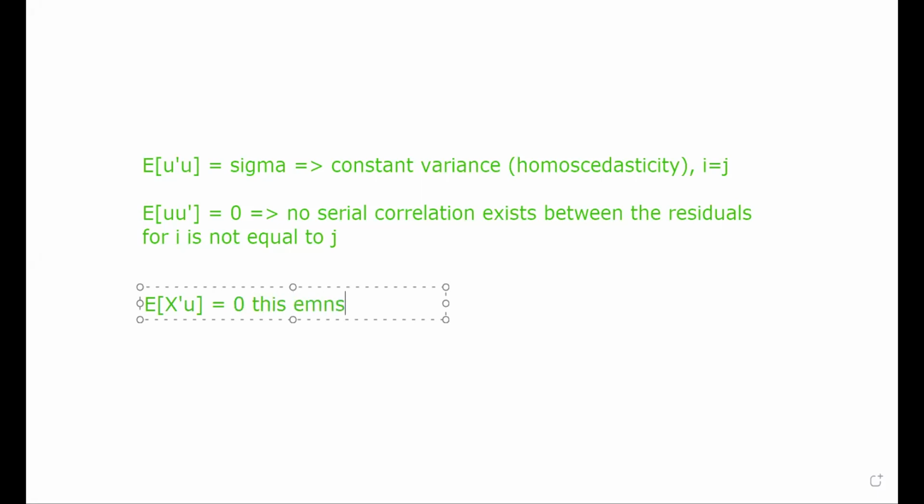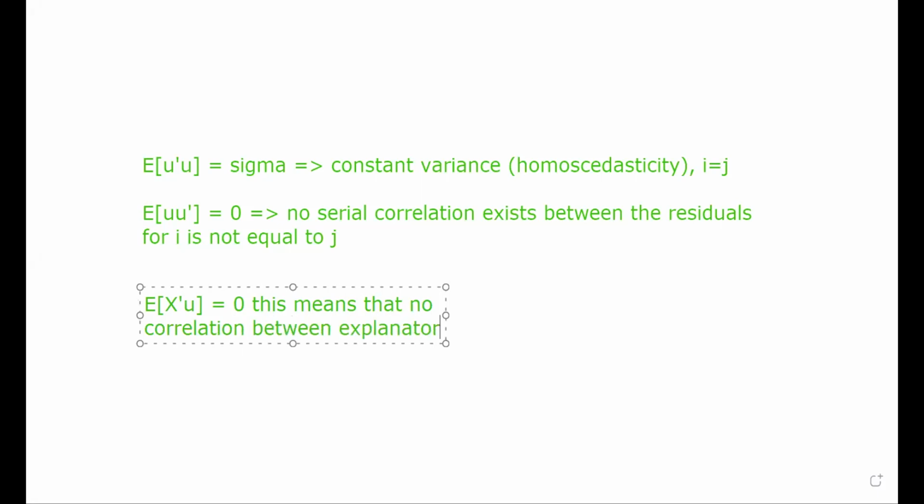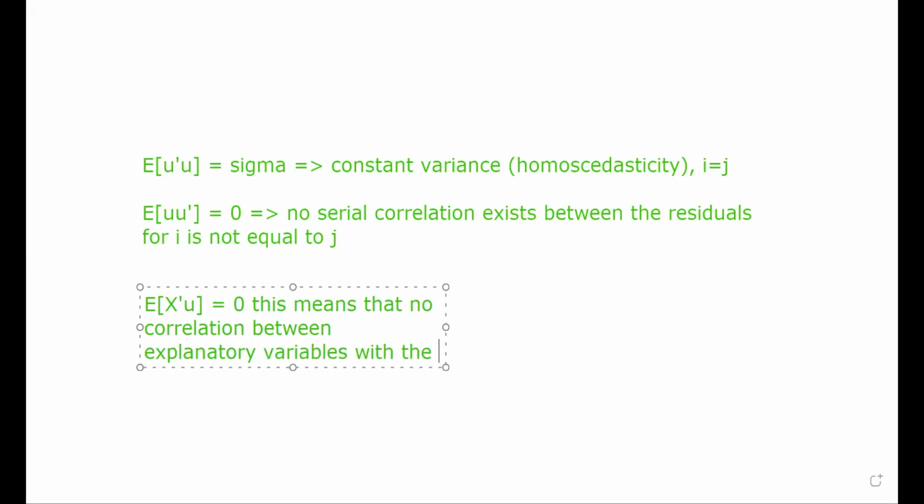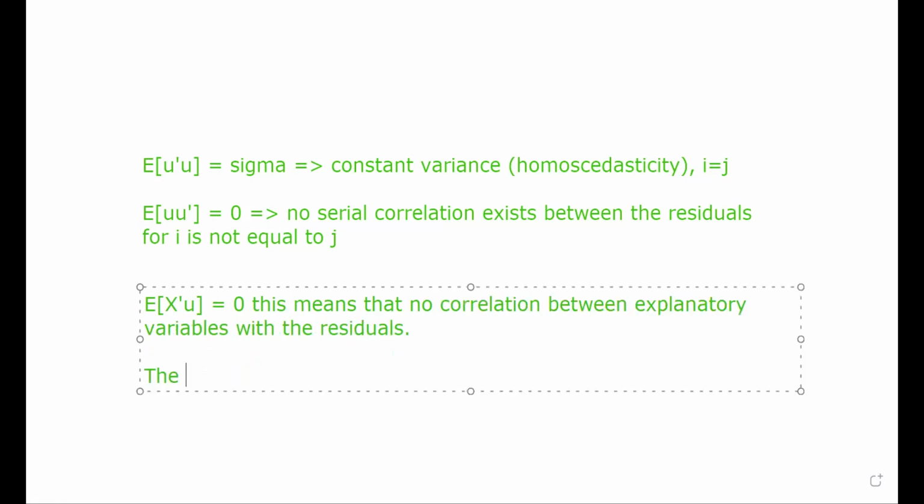This means there is no correlation between the explanatory variables and the residuals, or in other words, the x variables are non-stochastic. This is the most important assumption in the classical regression model.